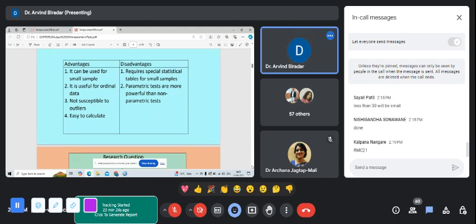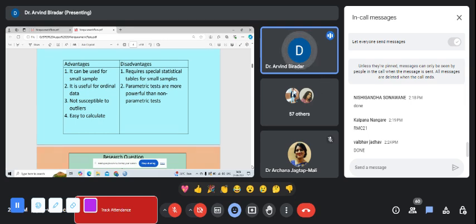But nothing is printed related to non-parametric tests, the run test, U test, all these things. If such tables are required, the department of statistics or university supplies them to the students during examinations. That is called special statistical tables for small samples. Nowadays they are available on Google and all these things.